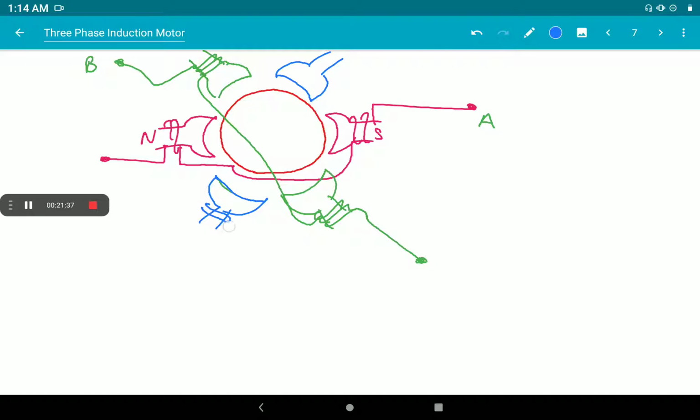So wound a coil here, next phase coil, and should connect each other. Okay. And one end is taken out. This is A, B and C.